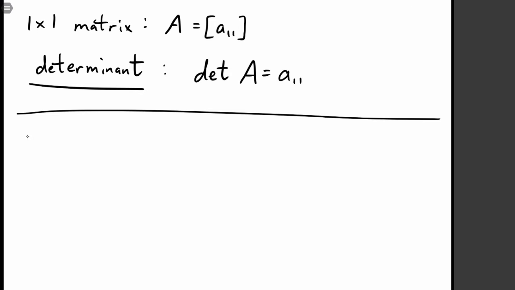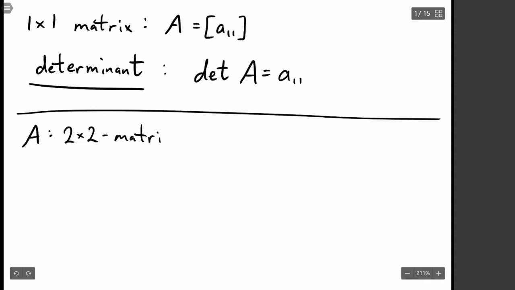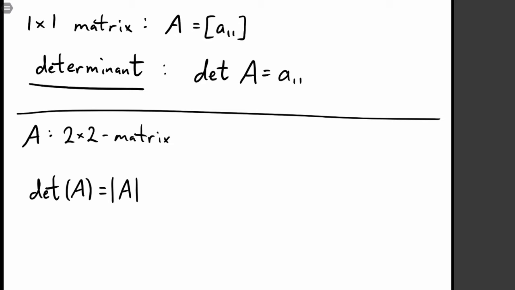If A is a 2x2 matrix, then the determinant of A, you can have the parentheses around it or not. It's up to you. Another notation for the determinant is to put these bars, these absolute value looking bars, around it.